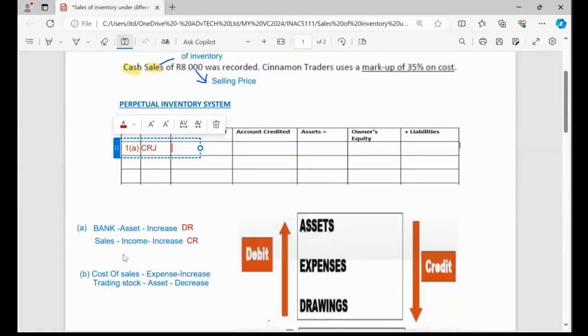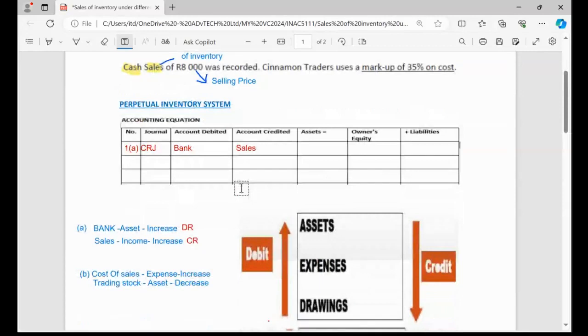The account that is going to be debited is bank. Then I must create the other account, which we said is sales. So I input sales. In other words, the 2 accounts, debit and credit.